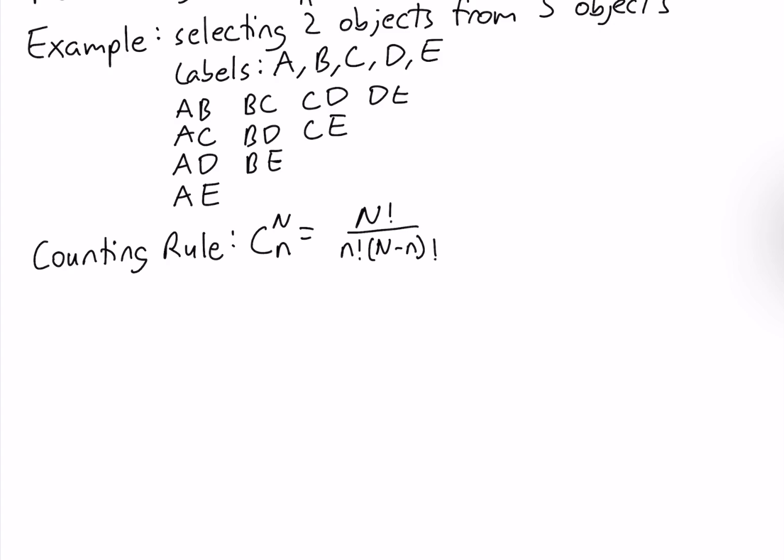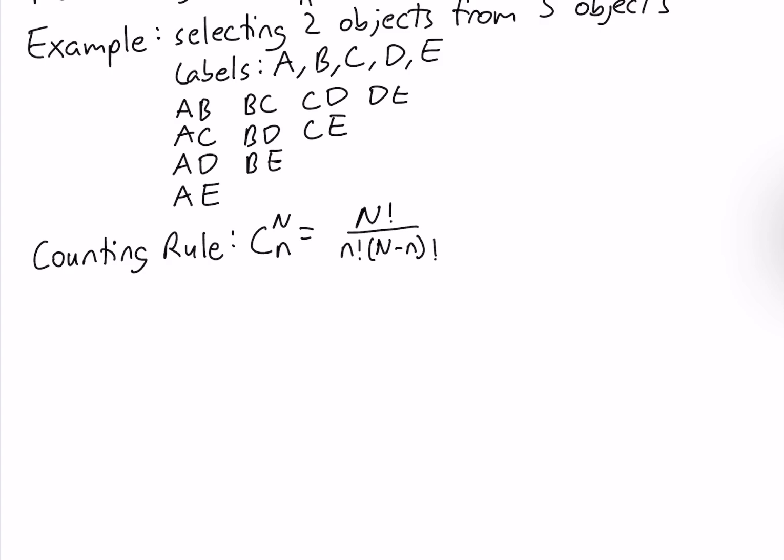So this is the counting rule for combinations. The number of different outcomes is capital N factorial over lowercase n factorial times capital N minus lowercase n factorial.